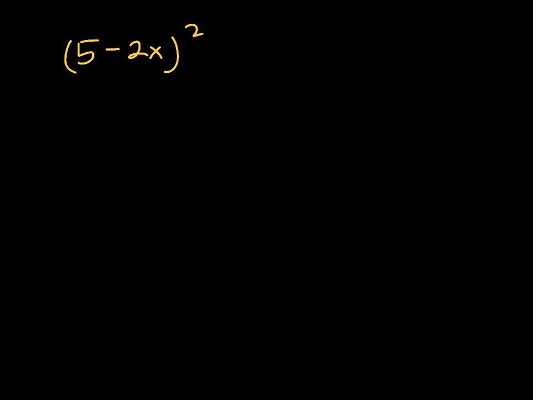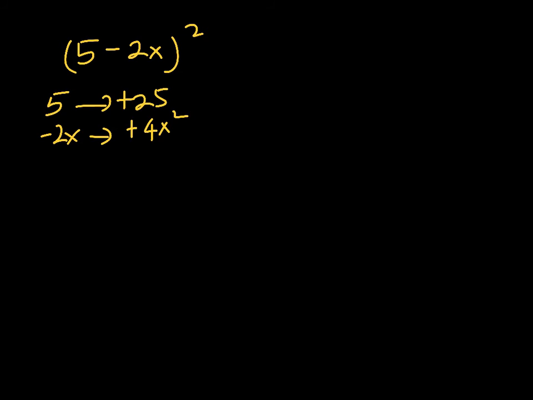The first method is the short method. The first term here is 5, and the last term here is what? Negative 2x. If we square the first term, it gives us positive 25. If we square the second term, it gives us positive 4x squared.